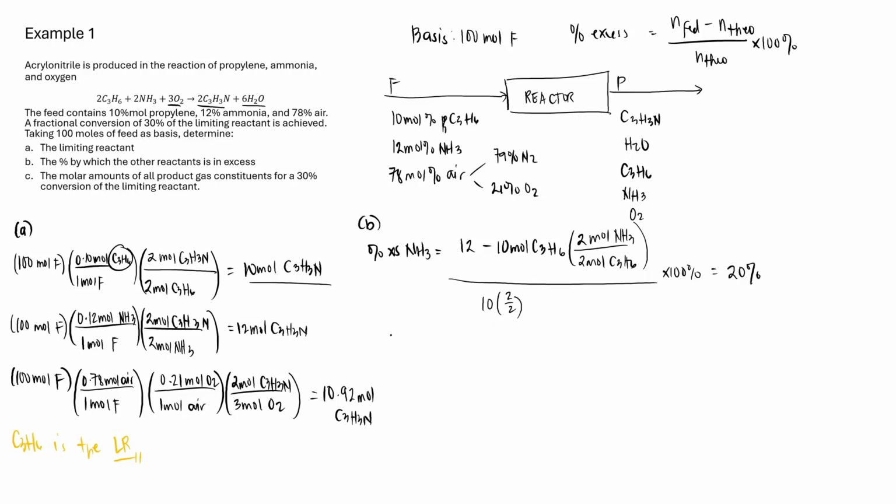And then percent excess O2. The number of moles fed is 100 times 0.78. So let's just write it here: 100 times 0.78 times 0.21 minus, still based on the limiting reactant, 10 moles C3H6 times, based on the chemical equation, per 2 moles of C3H6 you'd need 3 moles of O2.